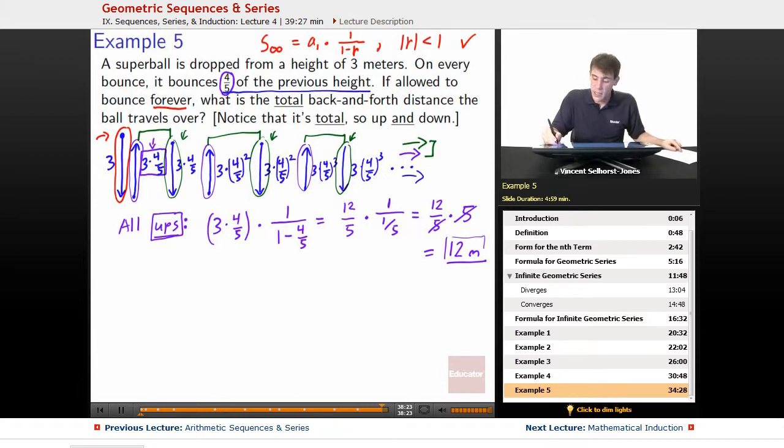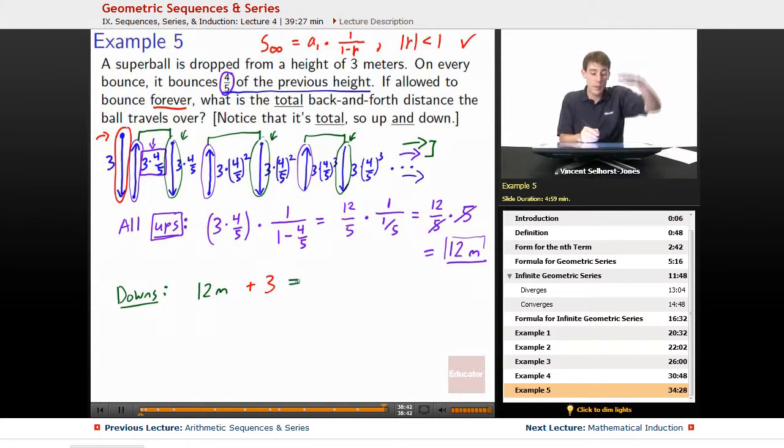So what that means is that all of our downs have a matching 12 meters because they match all of the ups, but then we just have to add on the initial 3-meter drop at the beginning. So how many downs do we have in total? Well, that 3-meter drop plus the matching value, 12 meters, so we get 15 meters.